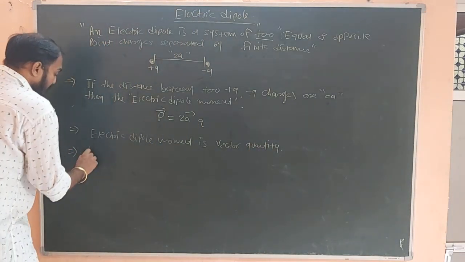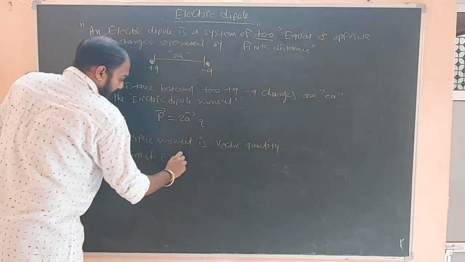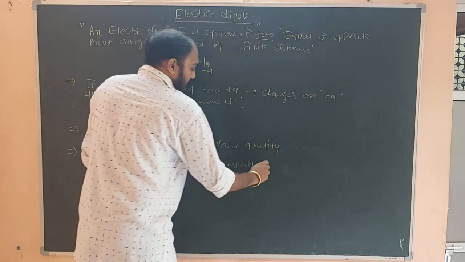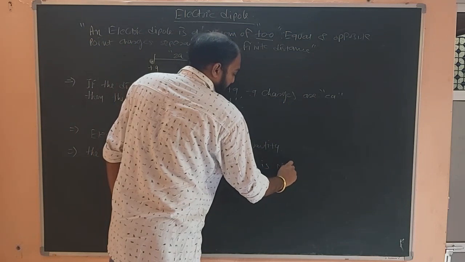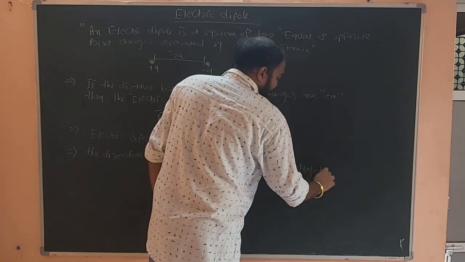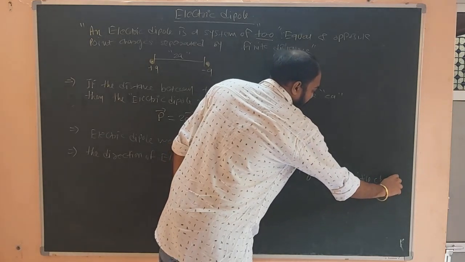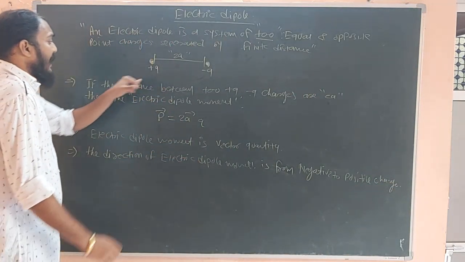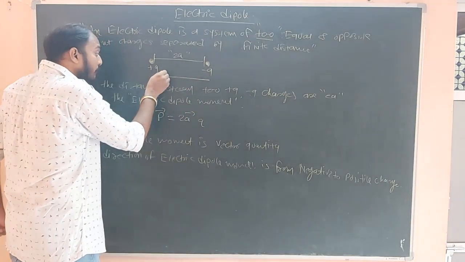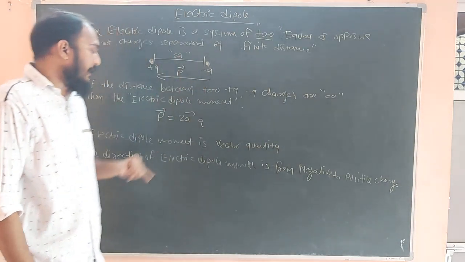The direction of electric dipole moment is from negative to positive charge. Okay, the direction of electric dipole moment is always from negative to positive. This is the direction of electric dipole moment.